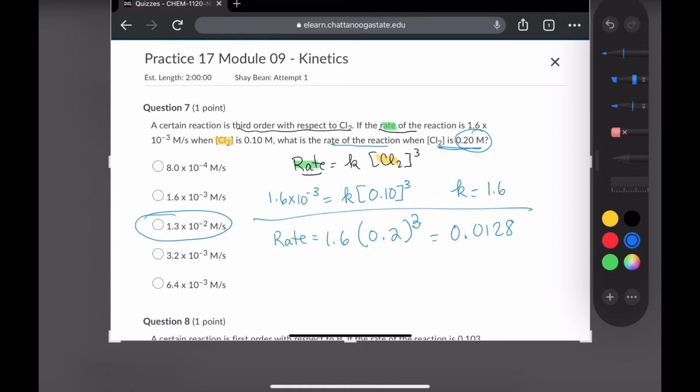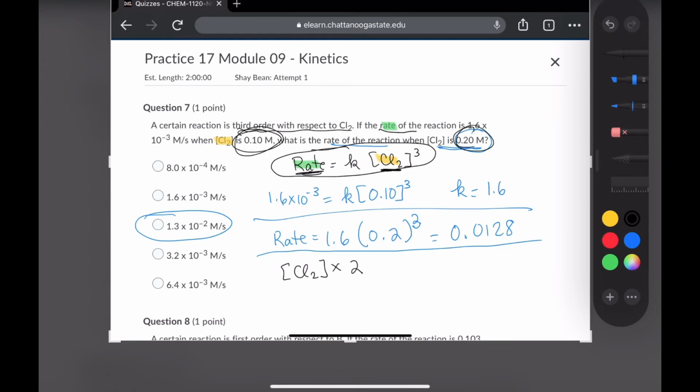But there's a second way to work this, and the second way is recognizing the patterns. Since it's a third order reaction, the rate will increase proportionally to the change in the concentration of the Cl2 cubed. So if the concentration of Cl2 goes up from 0.1 to 0.2, it doubled, then the rate will go up by 2 cubed because of the third order.